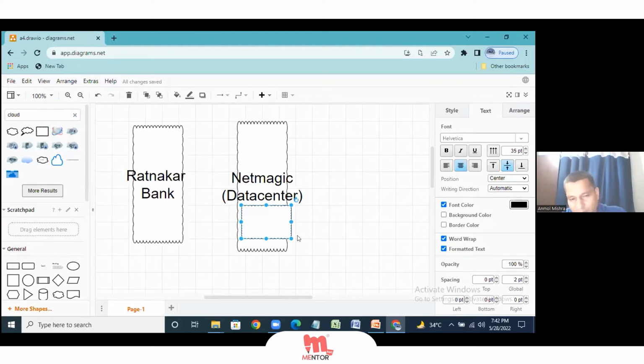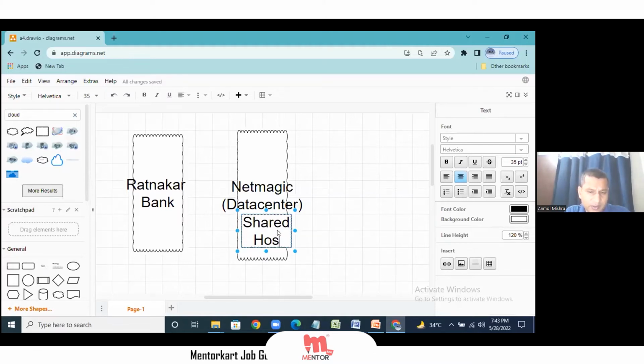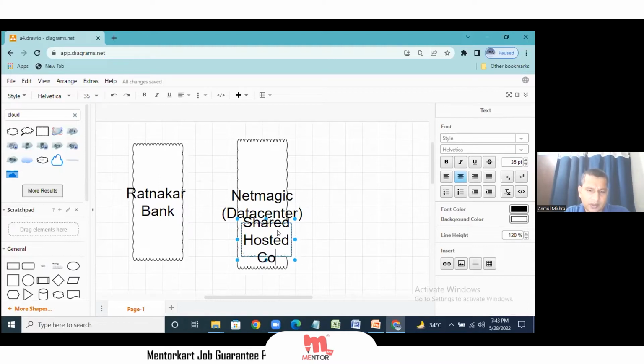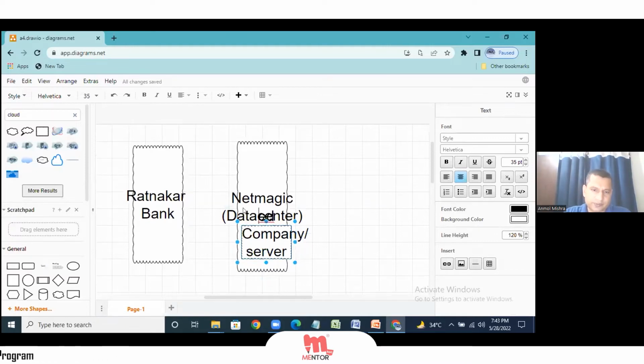So these are the solutions. There are two solutions. What is a cage rack? One is shared and the second is dedicated.